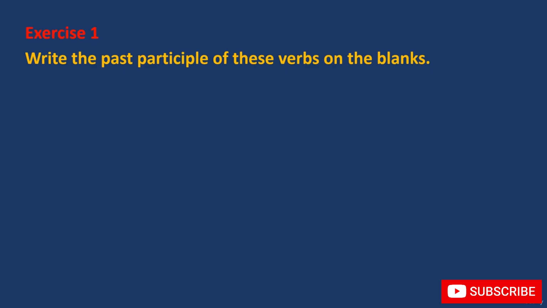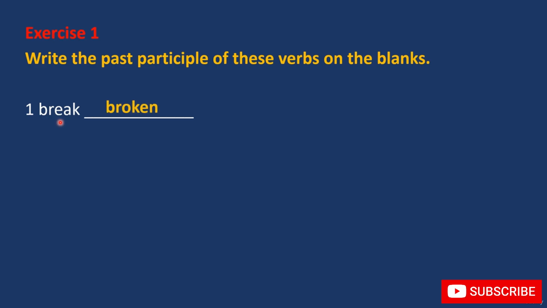Let's have exercise. I need you to write the past participle of these verbs on the blanks. I need you please try to keep the verbs with the past and past participle. Past participle, this is the third form or the third shape of the verb. First one, break. What is the third shape of the verb break?